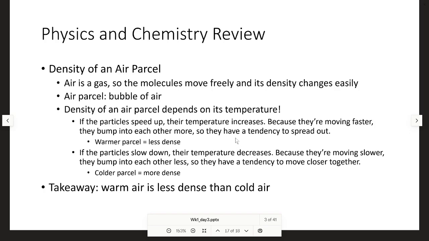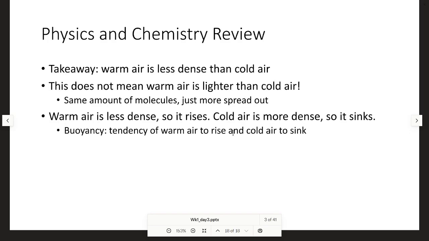Takeaway: warm air is less dense than cold air. This does not mean that warm air is lighter than cold air. It just means that it's the same amount of molecules, but they're more spread out. So warm air is less dense, so it rises. Cold air is more dense, so it sinks.